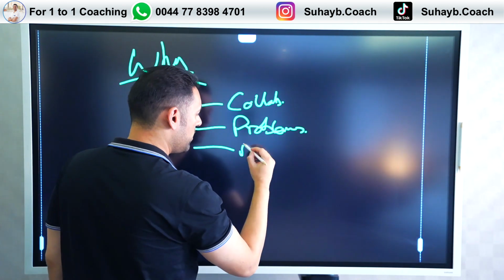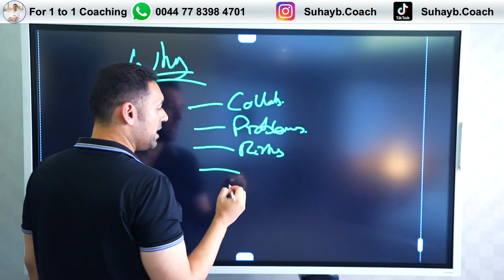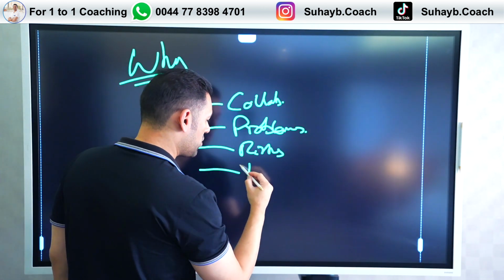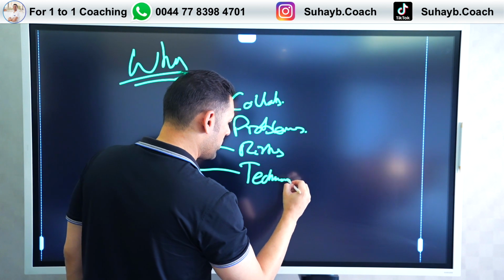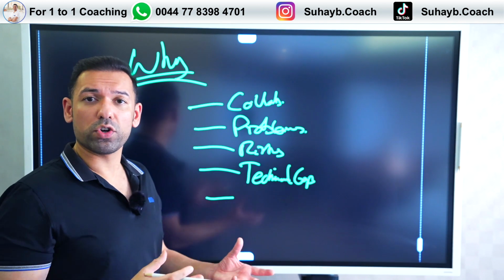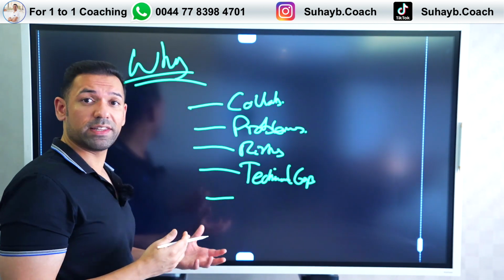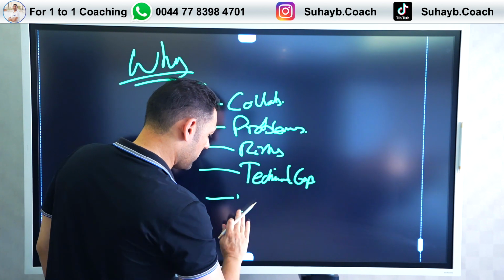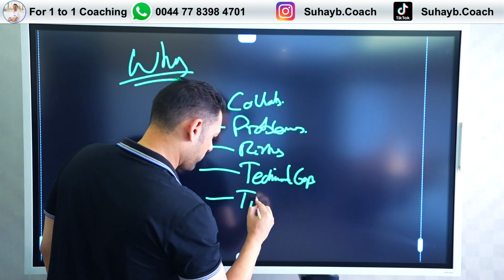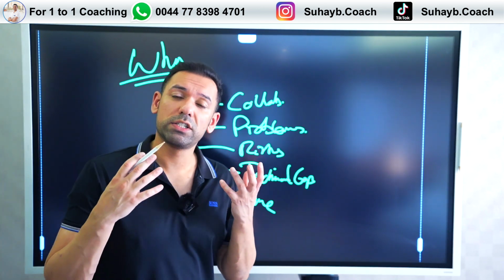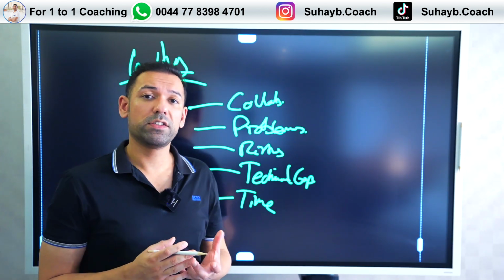Some of the problems could have been risks and impediments. It could also be technical gaps for them to breach. Anything along these lines can cause problems here. It can also be that they ran out of time. So time is another factor. All these things can cause the sprint review to get destroyed.